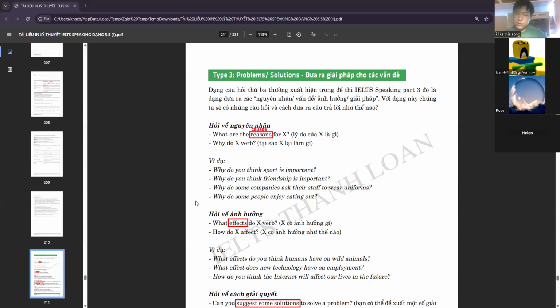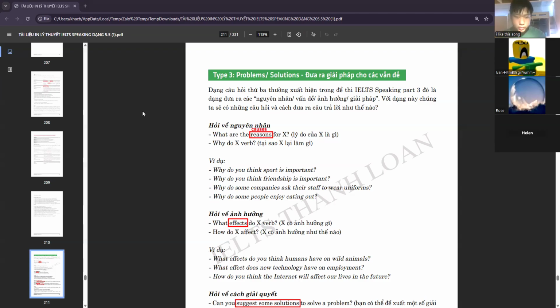It is very versatile, especially for writing. It's also really common in speaking part 3, because as I mentioned before last class, speaking part 3 and writing task 2 are pretty similar in their core. They're basically the same thing. They're trying to force you to answer global questions.